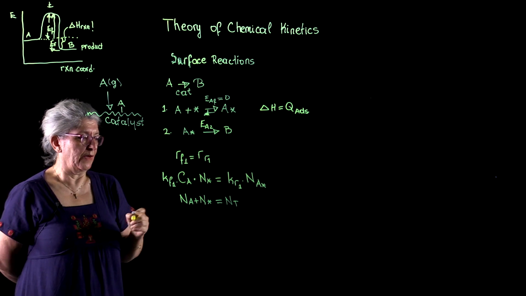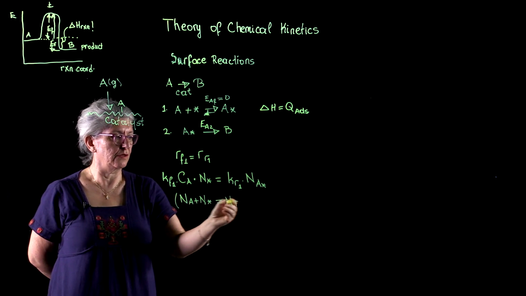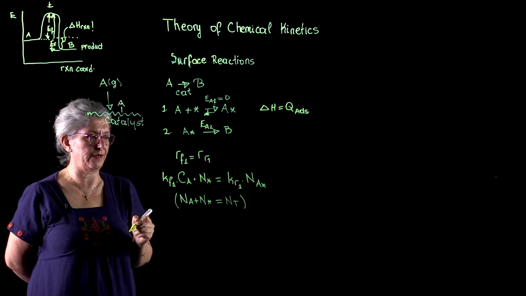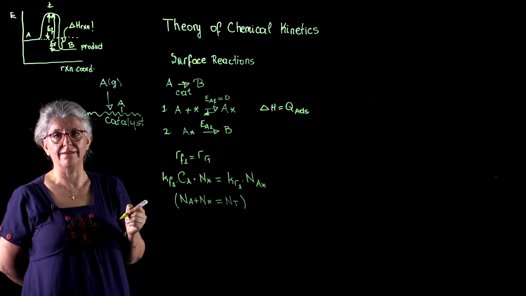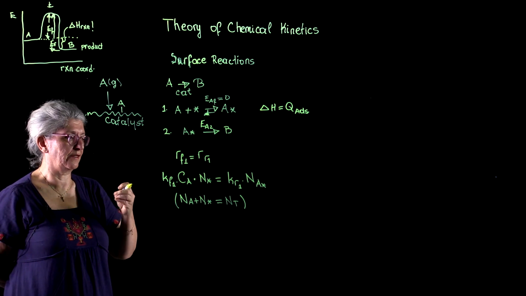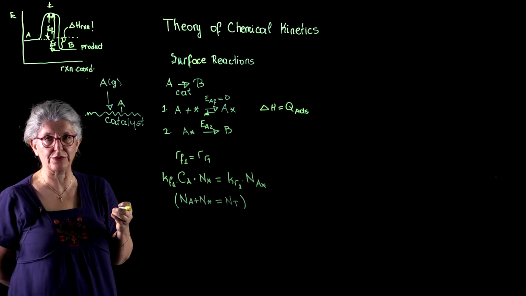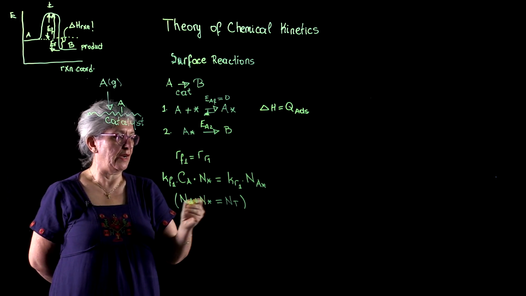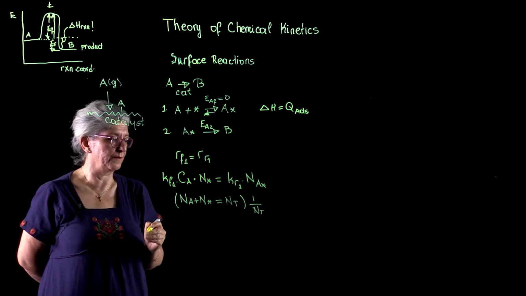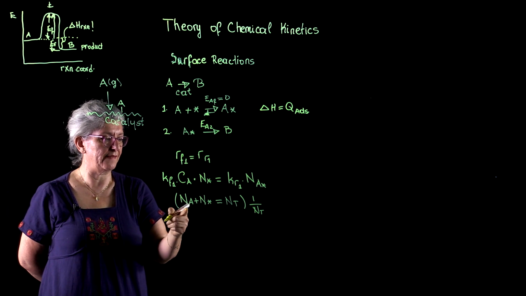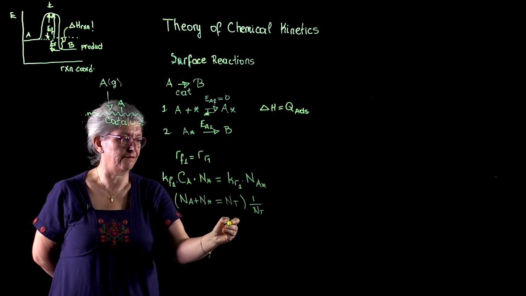So I'm going to do a little bit of algebra, and then I will derive what we refer to as the Langmuir adsorption isotherm. I will divide both sides by N total, so that I have 1 on this side.